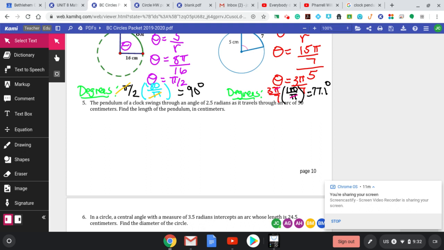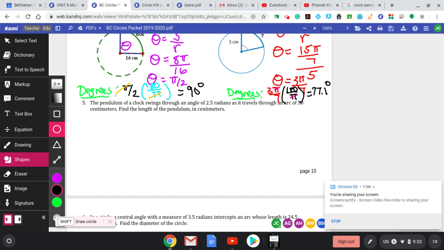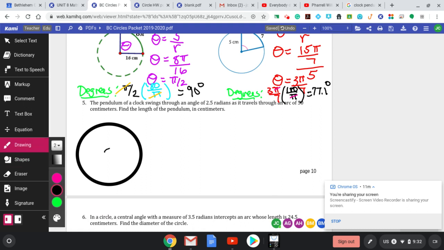All right, so if I take this to a circle, here's my pendulum here. Okay, there's the pendulum of my clock. It swings through an arc or an angle of 2.5 radians. So that's telling me my central angle is 2.5. It's in radians. And it travels through an arc.